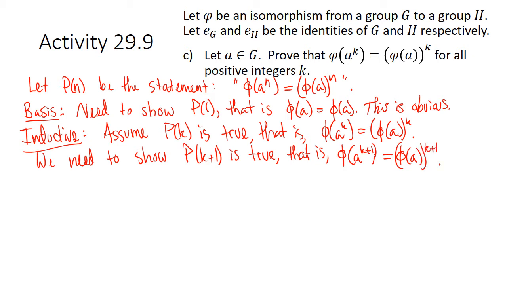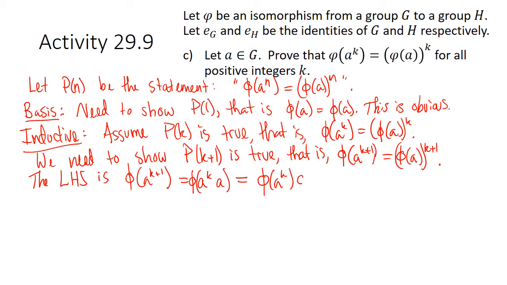Let's start with the left-hand side, phi of A to the K plus 1. We can separate A to the K plus 1 into A to the K times A. Then using the fact that phi is an isomorphism, we're allowed to separate it like this, because phi preserves multiplication. Then we can substitute in from our inductive assumption.